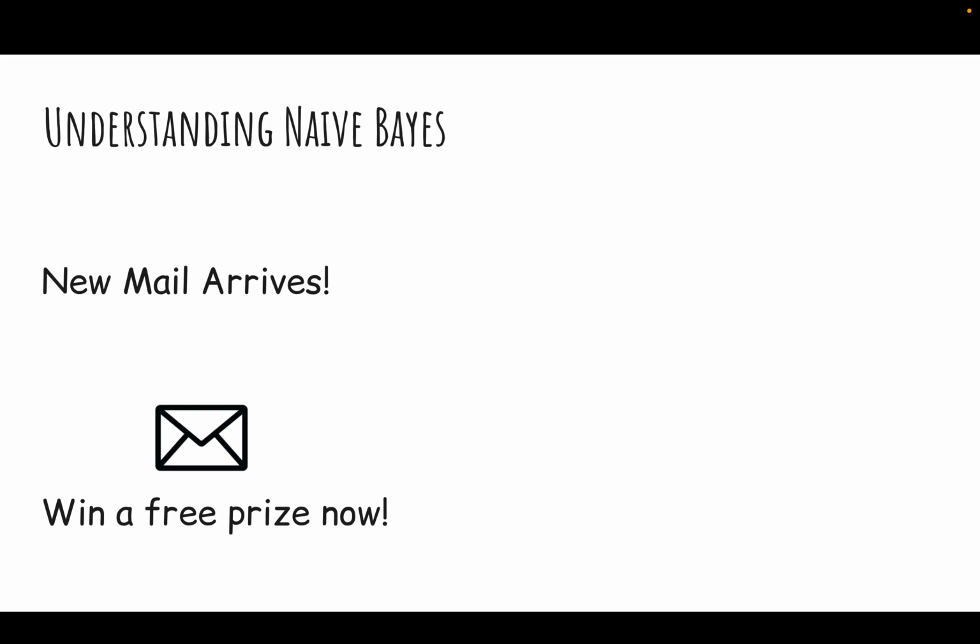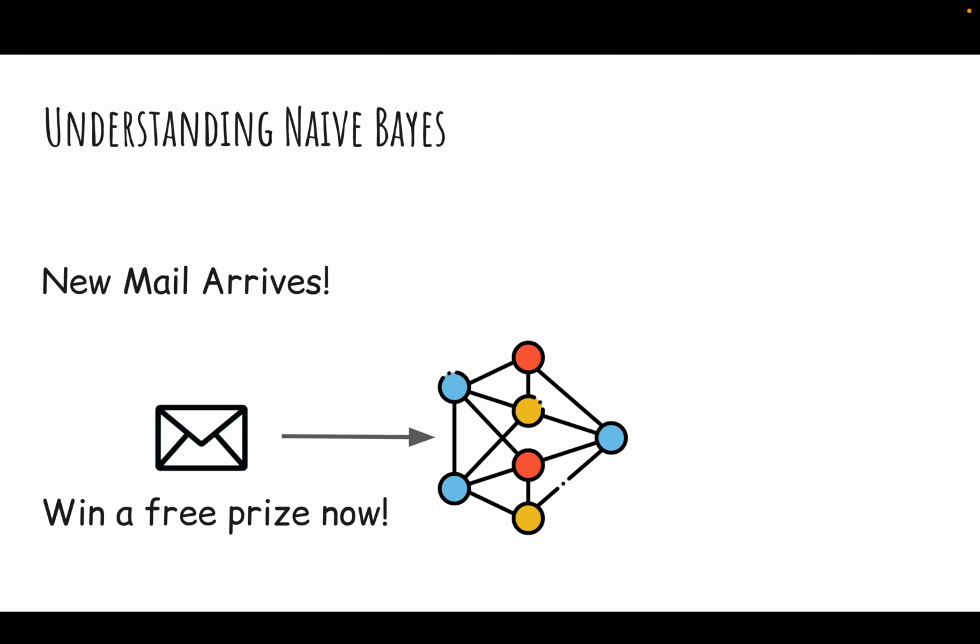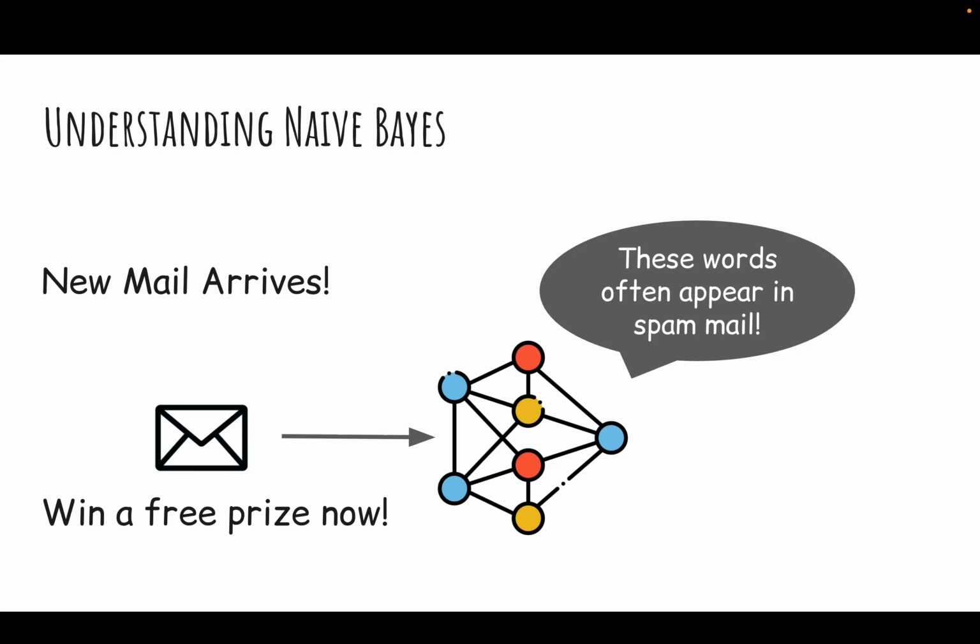You send this mail to the trained Naive Bayes model, which understands the pattern of spam and non-spam. Based on these words, it says, now I remember, these are the words that often appear in spam mail, so this must be spam. This is how Naive Bayes makes a prediction for spam mail.